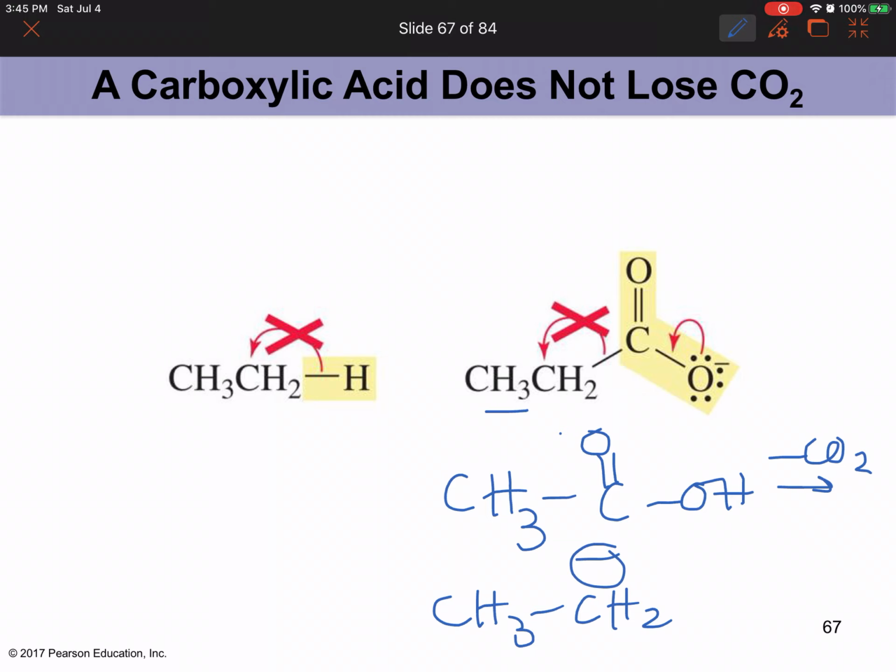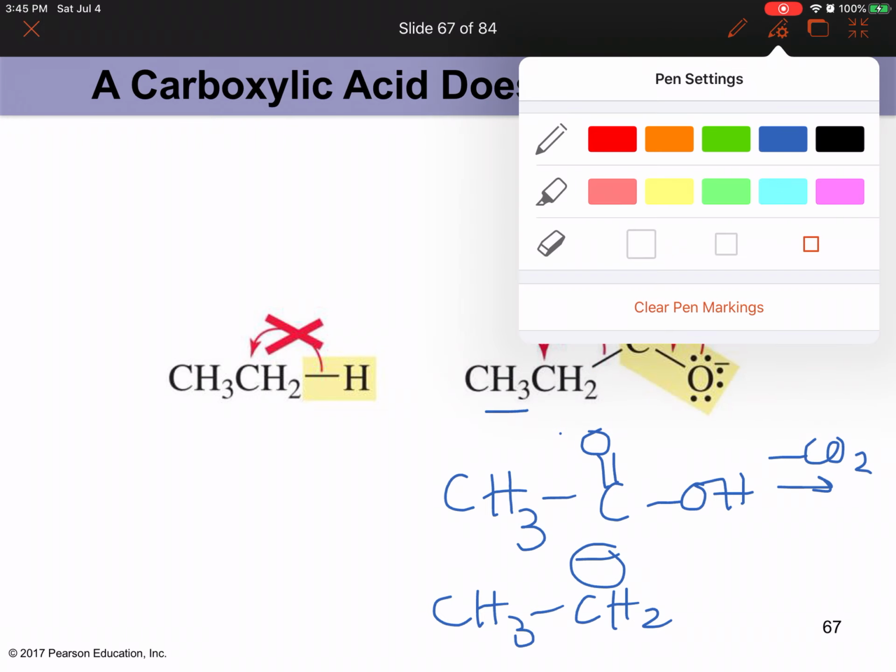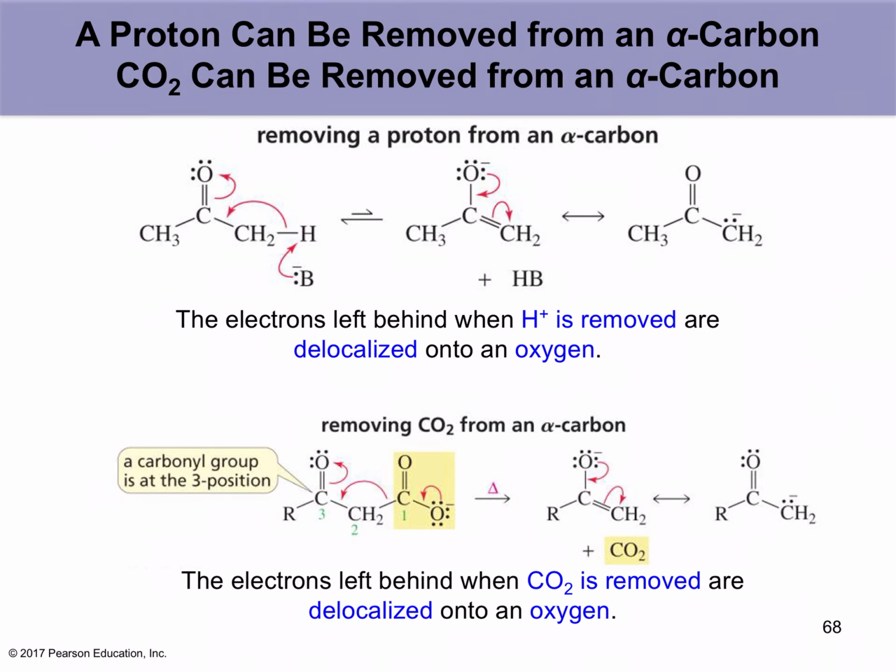So because of that, carbon dioxide will not be lost by a carboxylic acid. There are some requirements, but we will see which molecules can lose a carbon dioxide molecule. A proton can be removed from an alpha carbon, and similarly carbon dioxide can be removed from an alpha carbon.